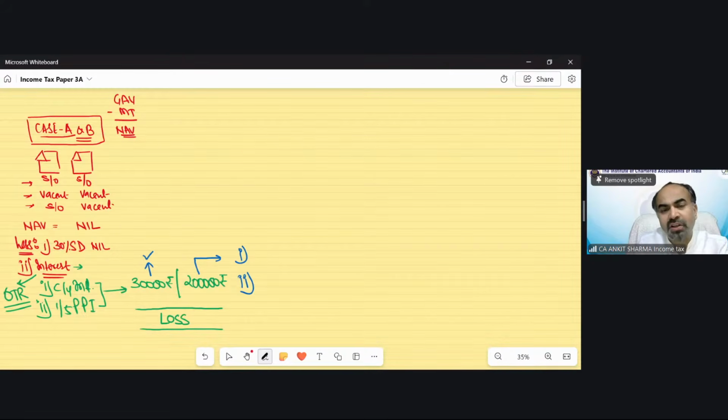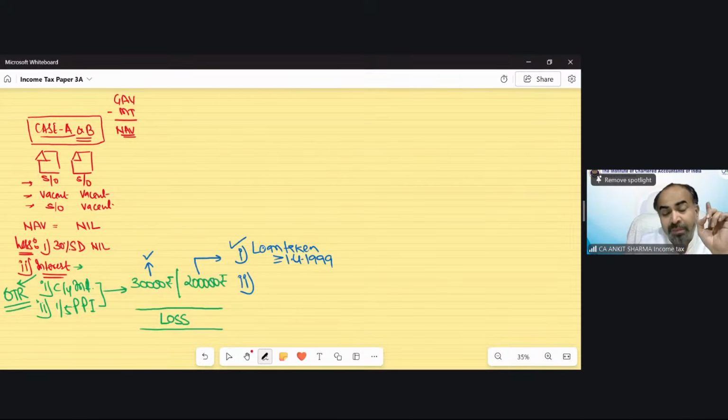The first condition: the loan is taken on or after 1st April 1999. The loan for which you are paying this interest must be taken on or after 1st April 1999. If the loan was taken before 1st April 1999, the deduction would be 30,000.